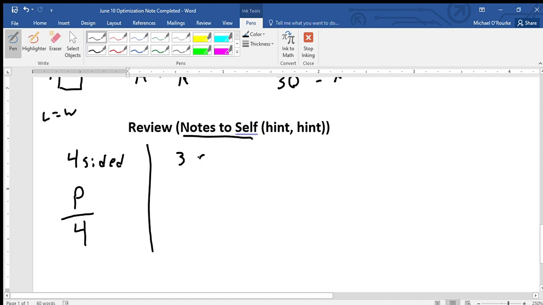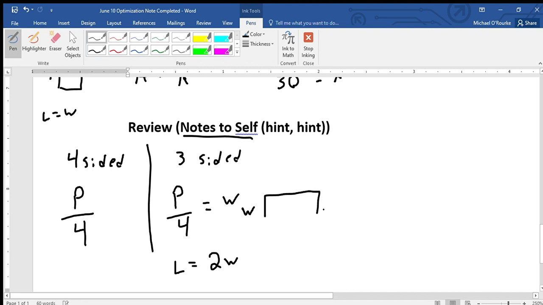For three-sided, take the perimeter, divide it by 4, and that gives you the widths. And for the length, you times your width by 2. So you should have a diagram that looks like this. W, W, and this one is 2W.